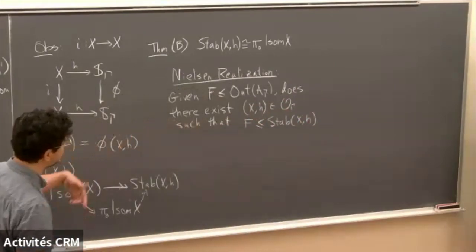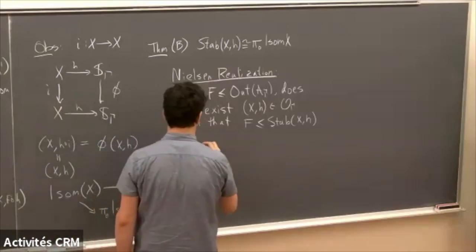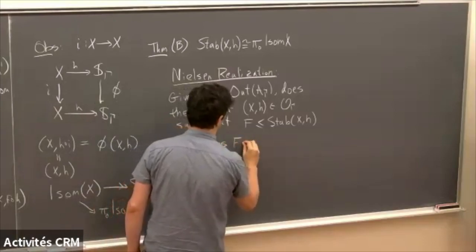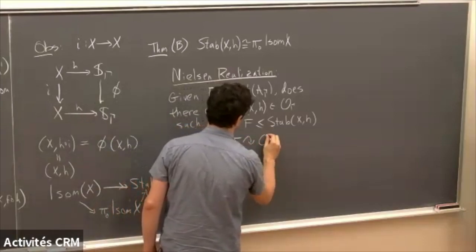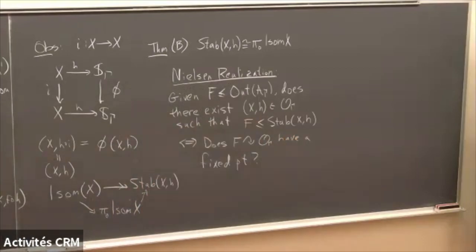Okay, so can I realize it as a group of isometries? And equivalently, does F acting on outer space have a fixed point? So that's the basic question we want to answer, and it's just understanding the finite subgroups.